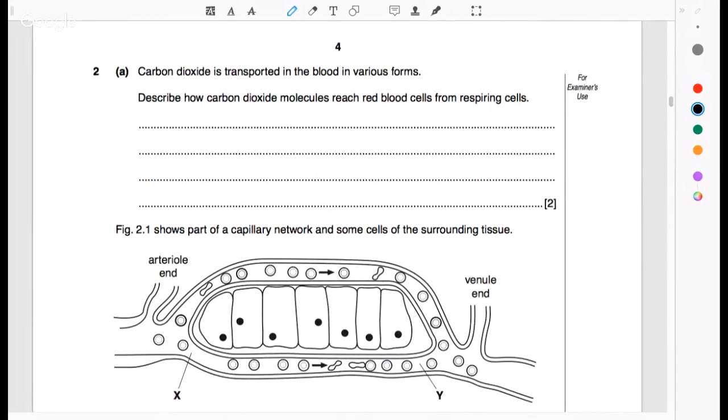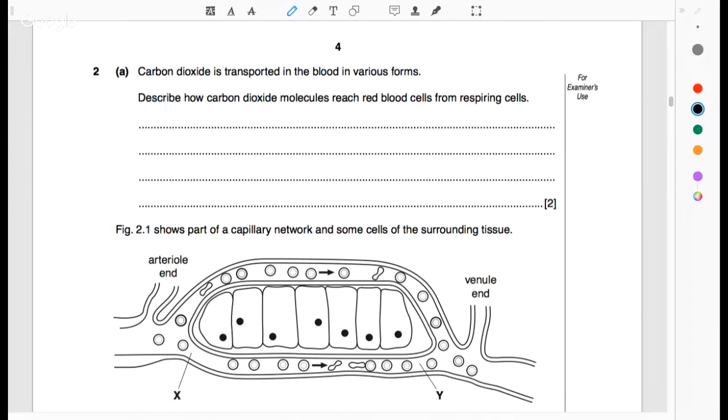So carbon dioxide diffuses down from high partial pressure to low, from respiring cells to the red blood cells.